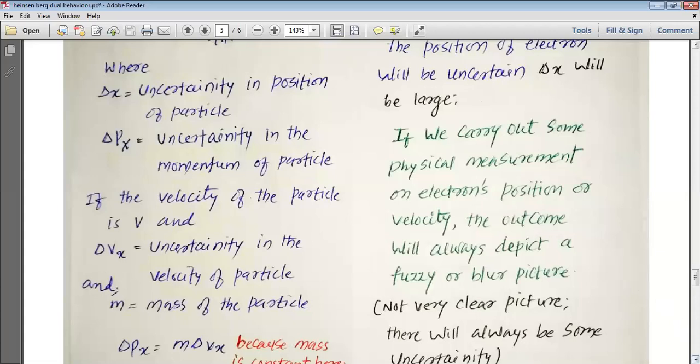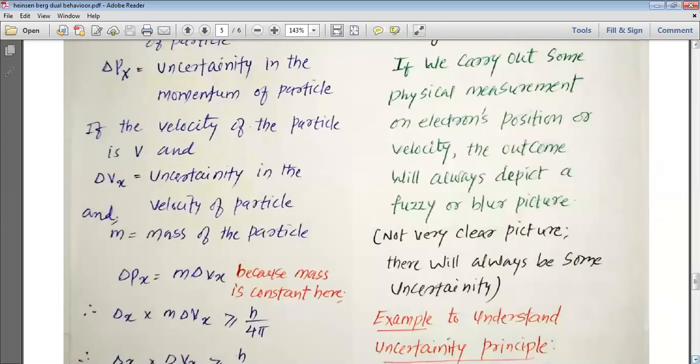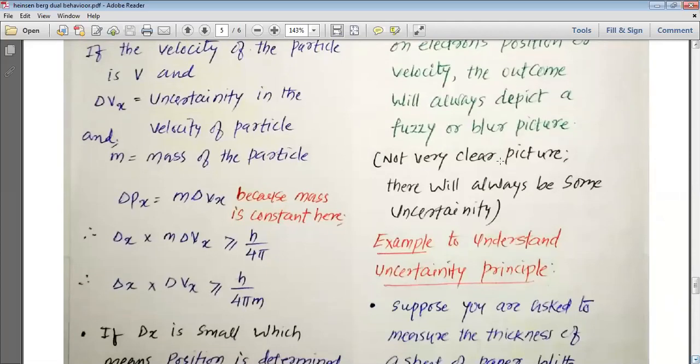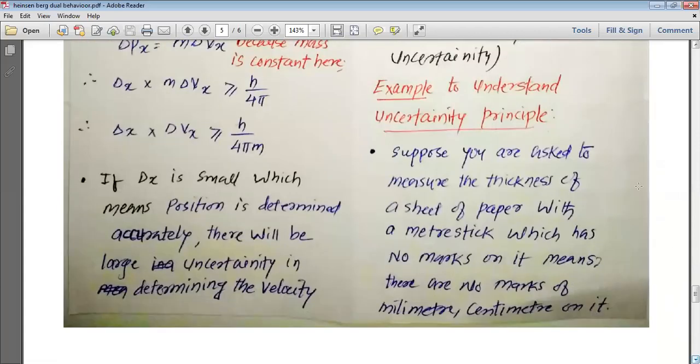The outcome will be blurred or unclear. There will always be some uncertainty in determining the position as well as the velocity of the electron.